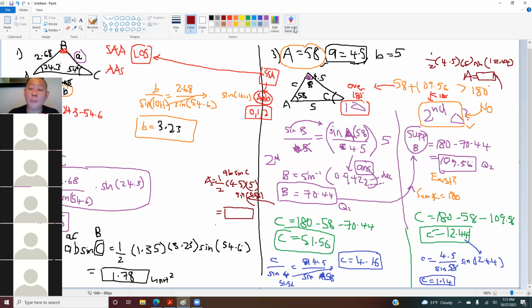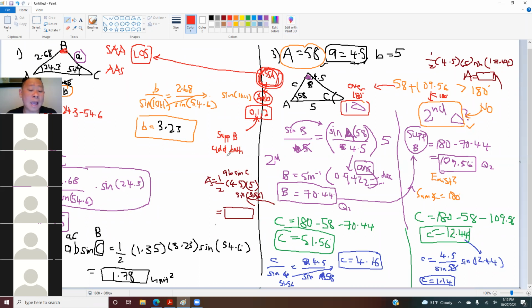Okay, what I want to point out to you guys, this is very important. This only happens when you have an SSA case, which is called an ambiguous case. How do we know we got one triangle? You find the supplement of one of the angles that you found, let's say in this case the supplement of angle B. It can be A or C, depending on the question. Then you add both of these angles.